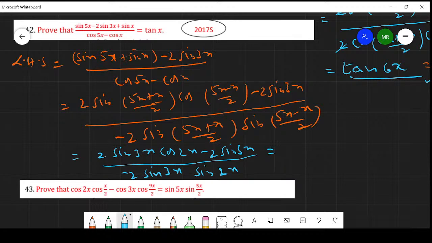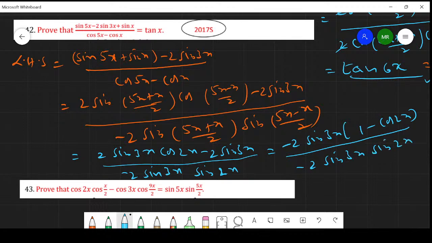Take 2 sin 3x common in the numerator. Taking minus 2 sin 3x common, this will become 1 minus cos 2x, correct? By the denominator minus 2 sin 3x into sin 2x.